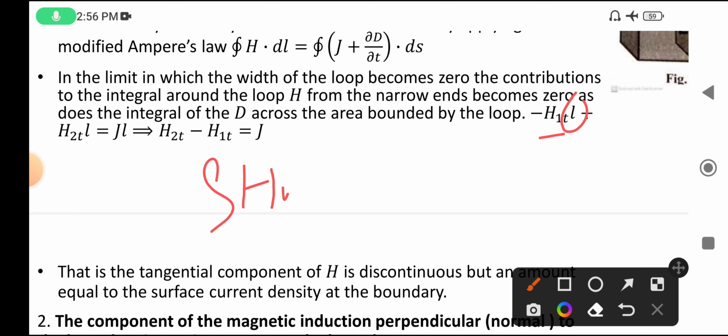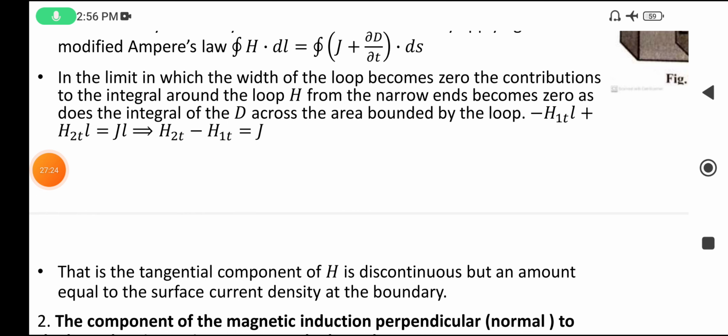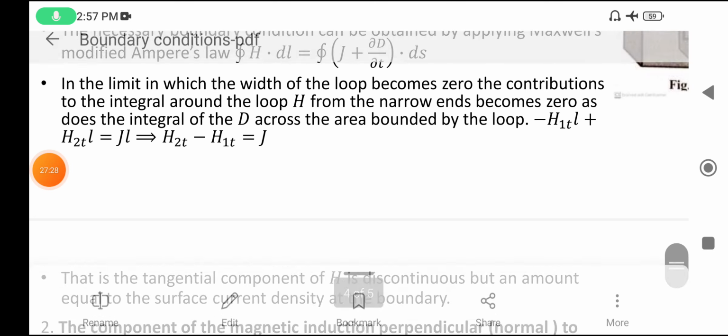Integral H dot dl is equal to, just now I wrote like this, I, and I is also written as a current density into length. Just now I said, so please keep in mind. So in the place of I, what can we write?